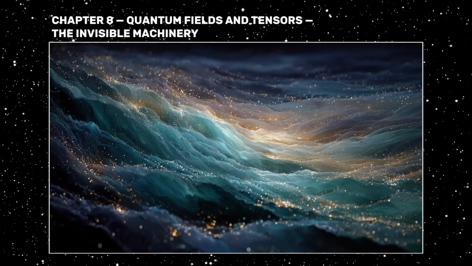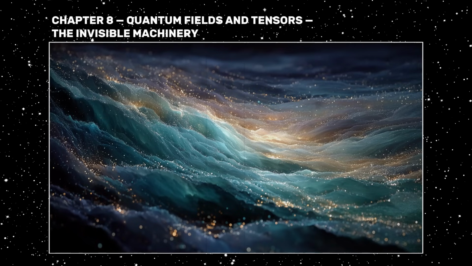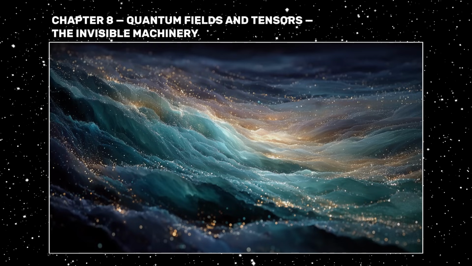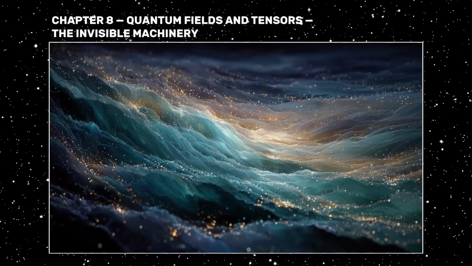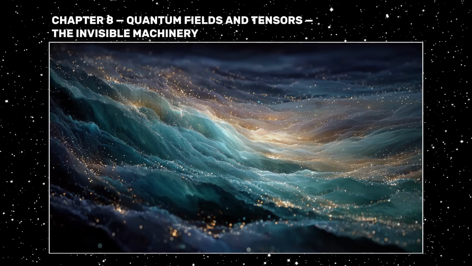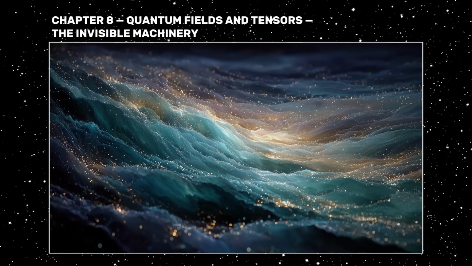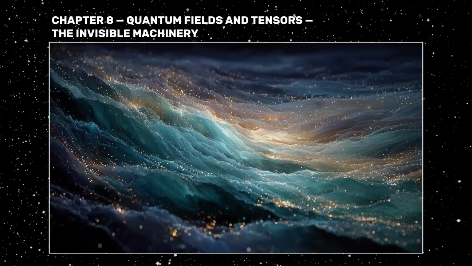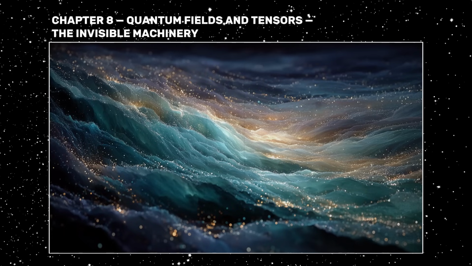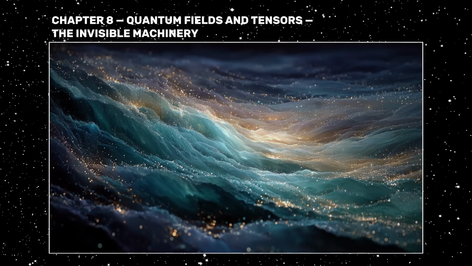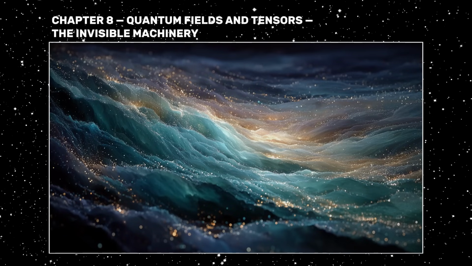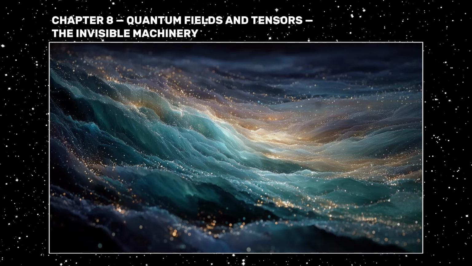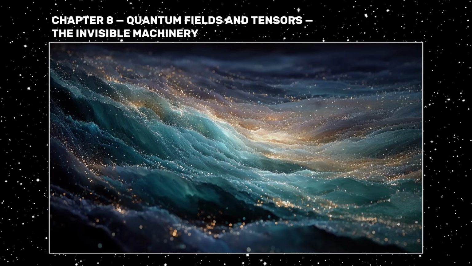Electromagnetism provides a clean and famous example. 19th century physics already knew that changing electric fields create magnetic fields, and that changing magnetic fields create electric fields. But only with relativity did it become clear that electricity and magnetism are two aspects of a single entity. Expressing the electric and magnetic fields as components of one rank 2 tensor makes their unity explicit.